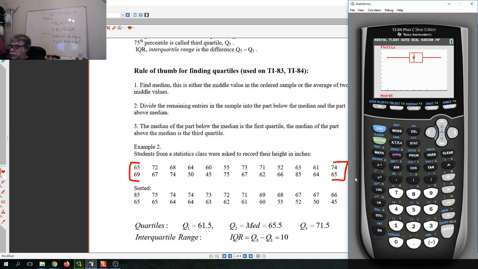I should have a median of 65.5. So maybe I have some wrong input. If I go back to the test statistics, this could easily happen. And I press edit, and I can read my data just like I have here, sorted. I'm supposed to have a 66 and 65 to be 12 and 13. So that's probably a mistake.